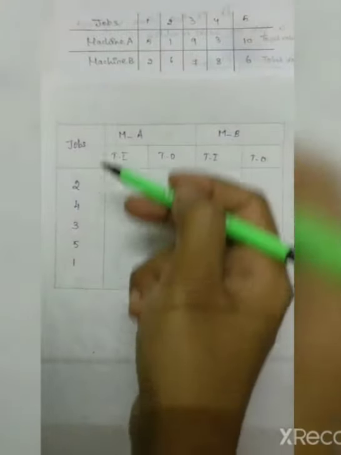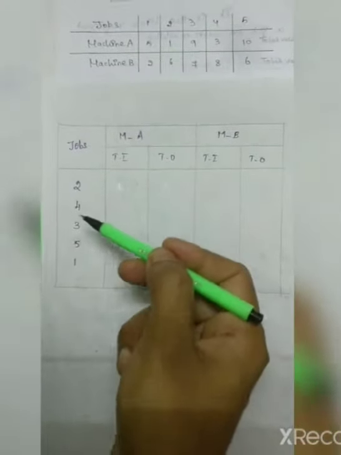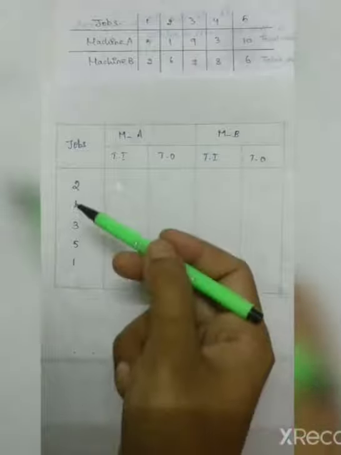Now we have to come to the tabular column. Here we have to write the order of the jobs: 2, 4, 3, 5, 1. Already we have found this.